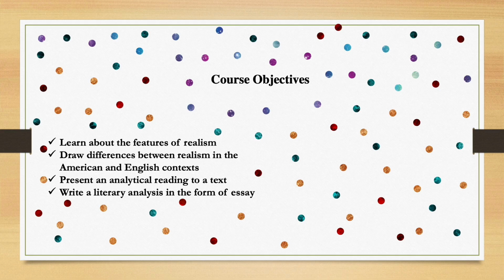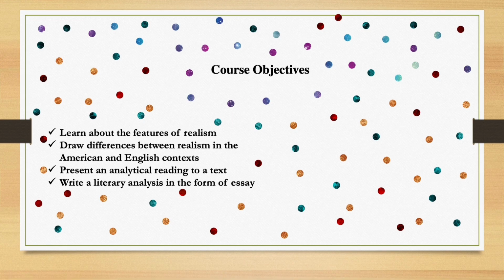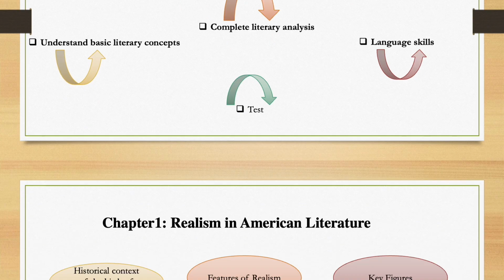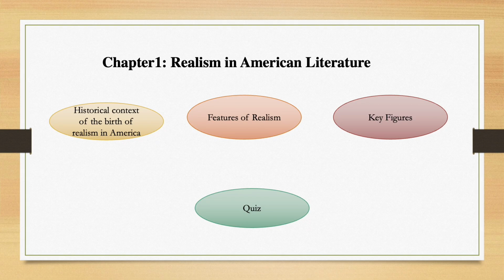And the final thing is to be able to write a literary analysis in the form of an essay. To do that, you should have an understanding of basic literary concepts, be able to present a literary analysis, and also acquire the basic skills that will be tested by the end.